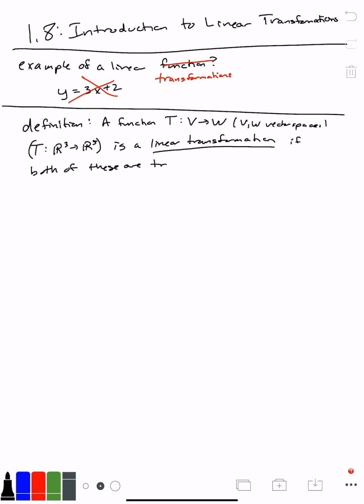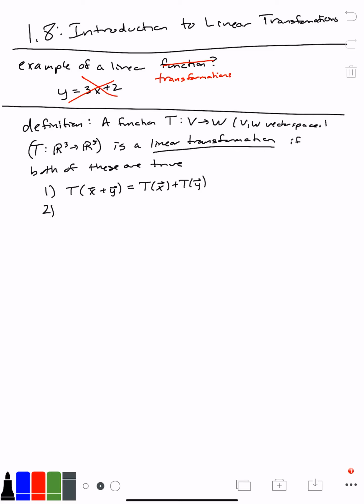Those conditions are as follows. First, if you add two vectors, get an answer, and then apply the function to that result, you are guaranteed to get the same answer as if you had plugged in each of those vectors separately and then added the two outputs.